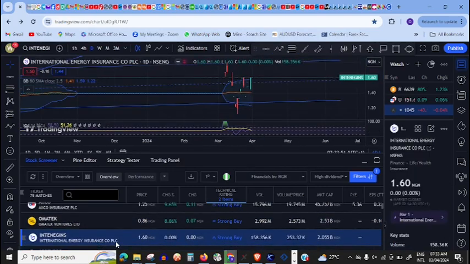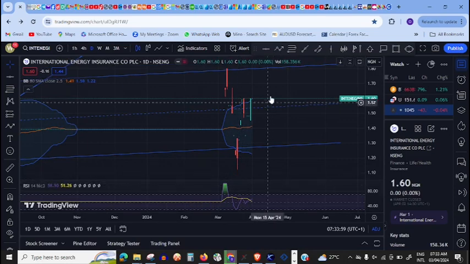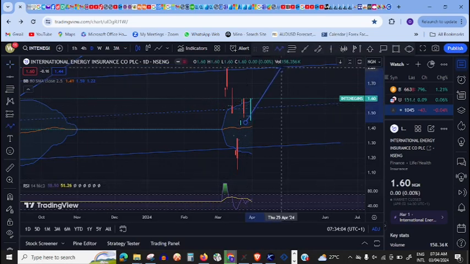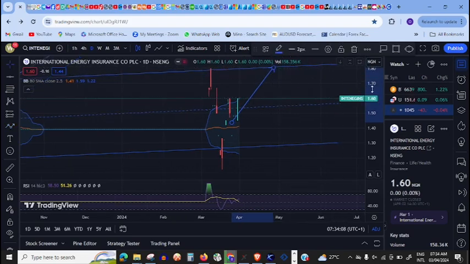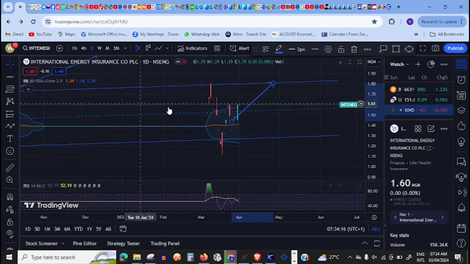Niger Insurance, you see that we are already hitting outside of the Bollinger Band in this case. Okay, let's see if this will happen. So if you have International Energy Insurance, then hope for 1 naira 80 kobo.